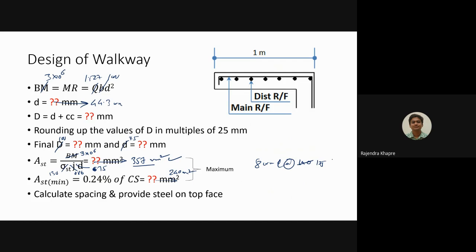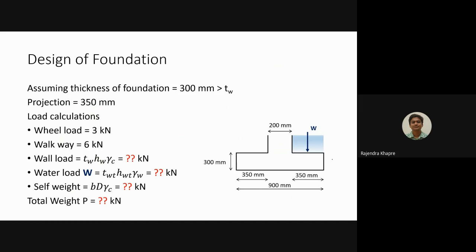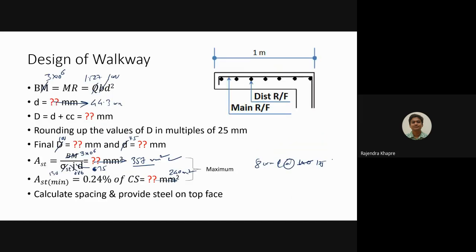Okay? So this is already covered, so I'm not going into much details of this, so please complete this. You can even check the slab for the shear also, because shear force values are already there with us. Okay, so the only part remaining is the foundation and the central shaft, which we'll be covering in the next class. Okay, so let me stop the recording. I hope there are no queries.